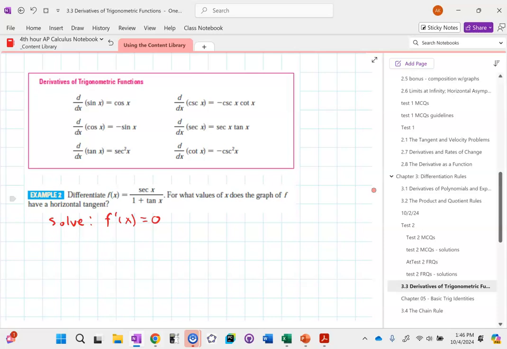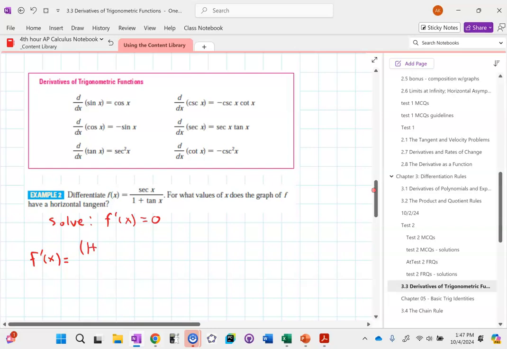Cool so far? Let's go ahead and calculate that derivative. When I look at doing the derivative of secant x over 1 plus tangent x, what are we going to have to use to do that? Quotient rule. Yep.